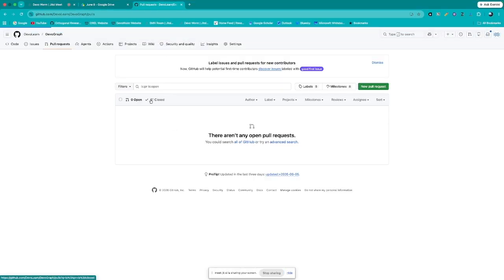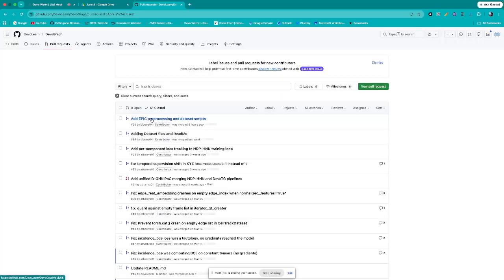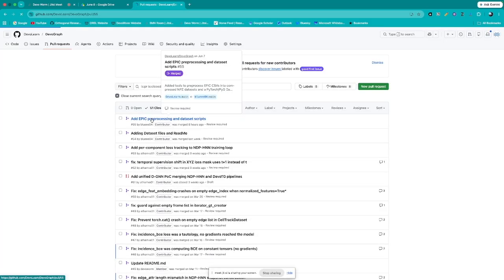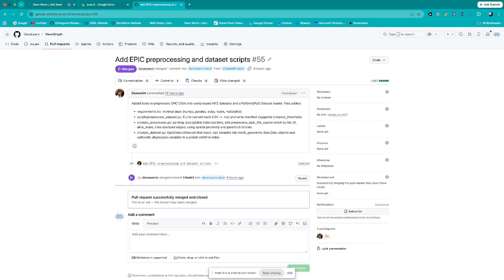So we have our pull request here, and this is from yesterday. The title is Add Epic Preprocessing in Data Scripts. It's number 55. Basically it added tools to preprocess Epic CSVs from the Epic dataset into compressed NPZ datasets in a PyTorch PyG dataset loader.